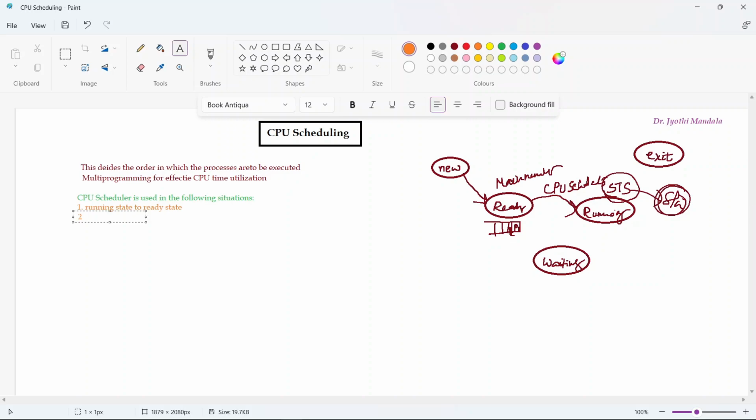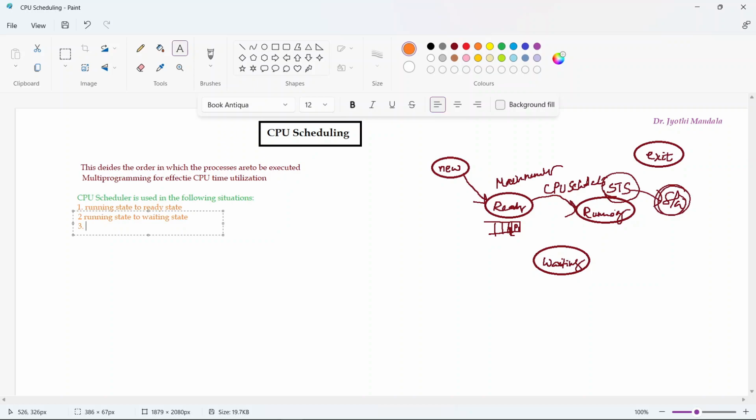Second scenario is when the process switches from the running state to the waiting state. Whenever it requires any IO wait, or any event to occur, in that case also the CPU scheduler will help us move it from the running state to the waiting state.